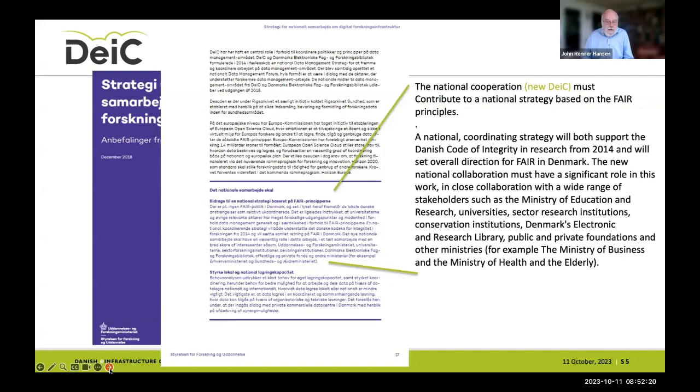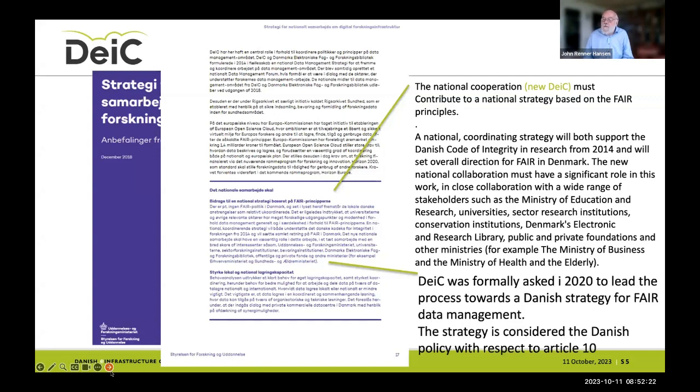So DIKE was formally in 2020 asked to lead this process towards a Danish strategy for FAIR data management. It was then decided, as on my previous slide, with Article 10 of the open data directive, that there should be a policy, and this strategy is now considered the Danish policy with respect to Article 10.